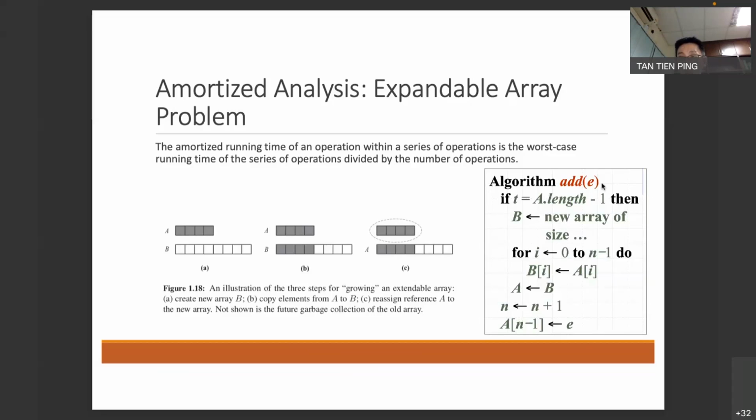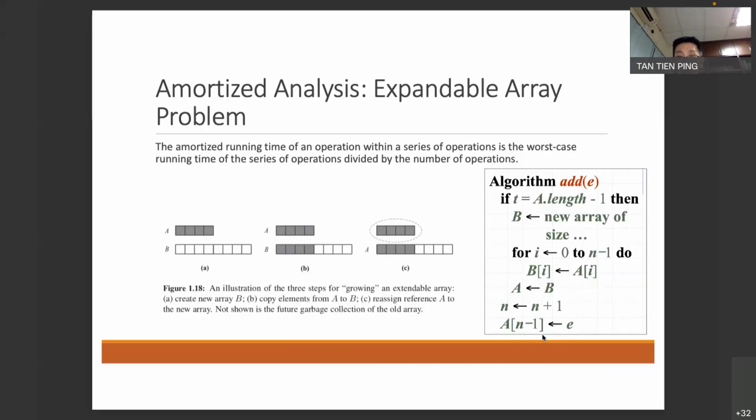When we want to add an item to the array, it takes a constant amount of time because we are only executing the statements at the bottom. We only execute two statements, which are n equals n plus 1, and then we insert item e into the array A at position n minus 1.